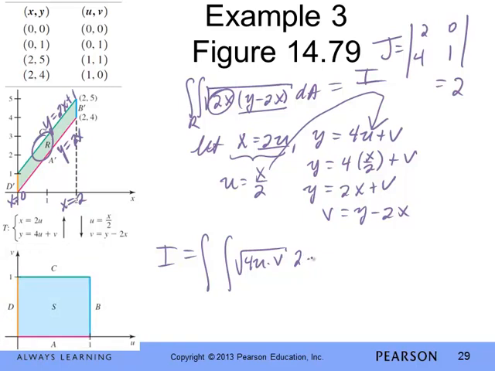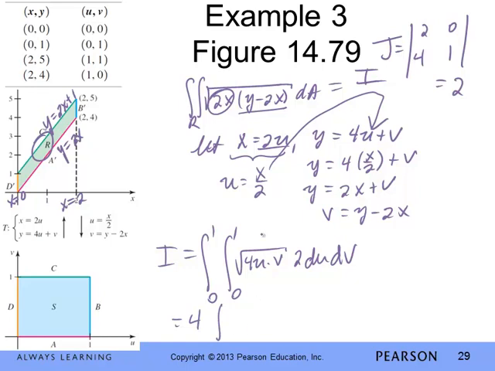Now, it doesn't matter if we integrate with respect to u or with respect to v, because we're integrating over a rectangle on the uv plane. So we might as well just integrate with respect to u first. U goes from 0 to 1, and with respect to v, goes from 0 to 1. And now this is an easy integral. You can factor out the 2 times the square root of 4. That's 2 times 2 is 4. So factor out the 4.